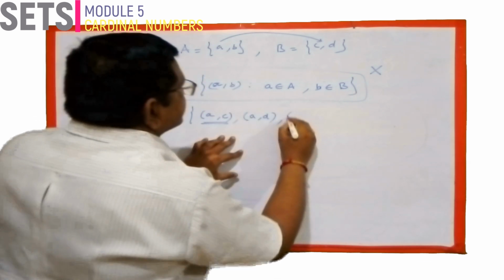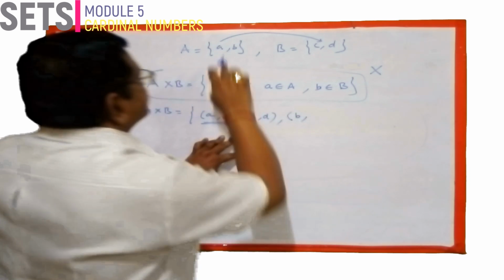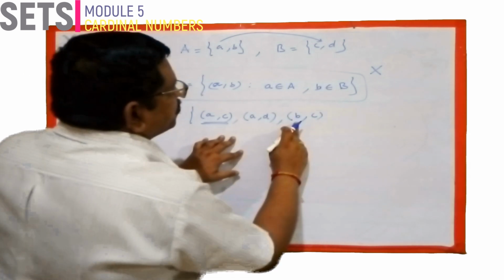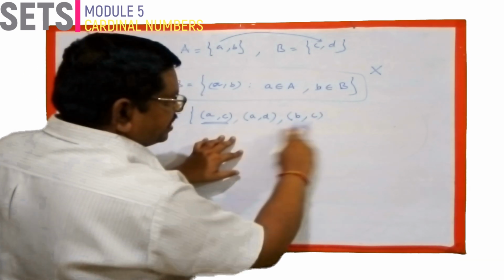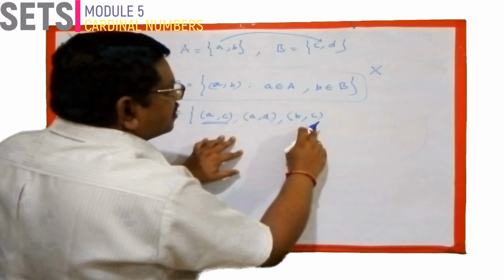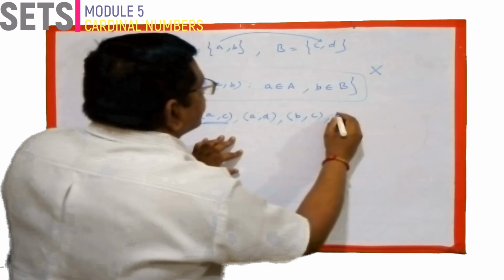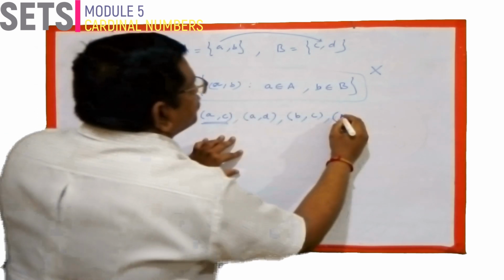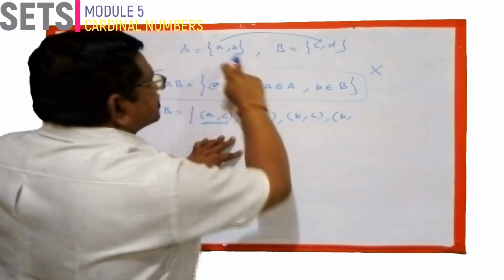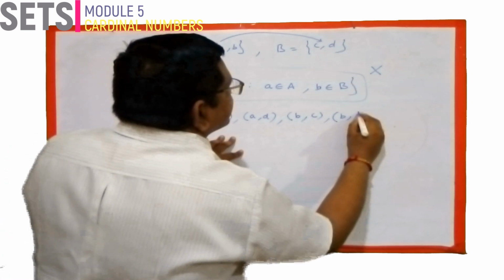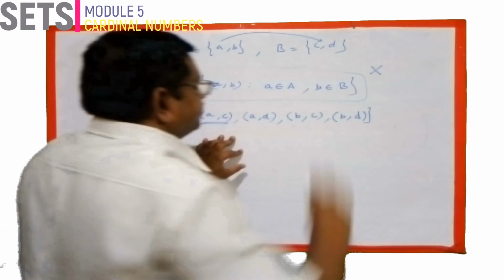Now let us take the second element of set A, that is B. Here first element C. So B is the first element of this ordered pair, C is the second element which is taken from the set B. Now here B is the first element of the next ordered pair whereas D is the second element of this ordered pair.